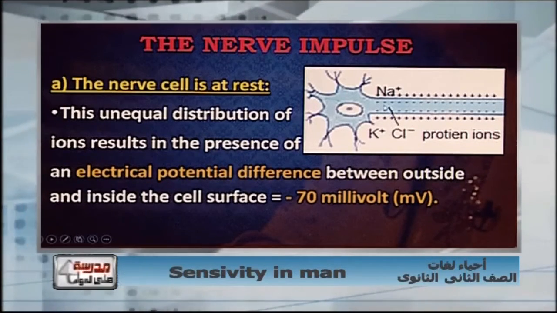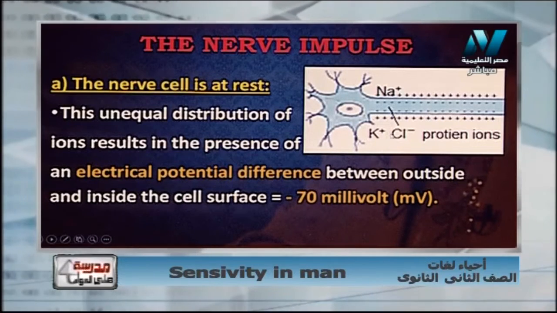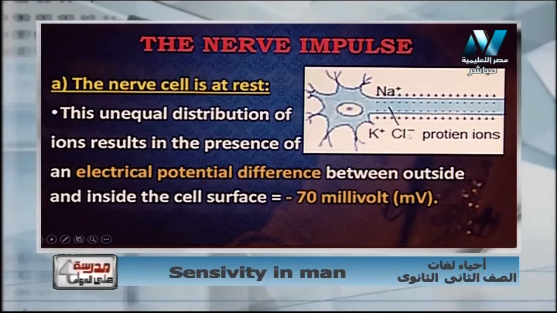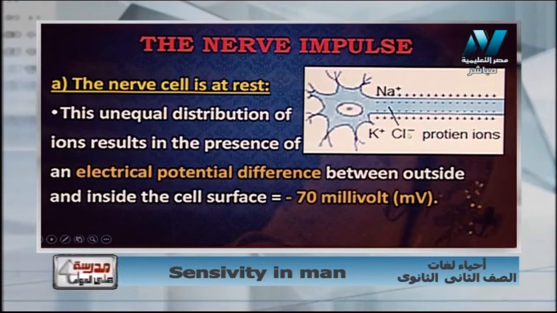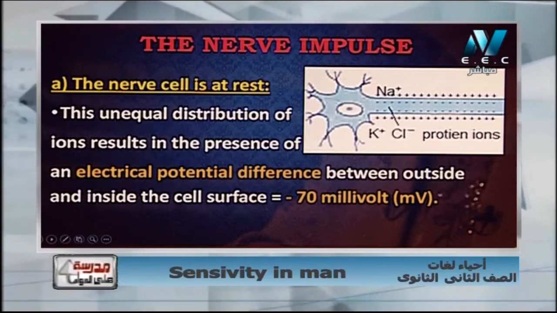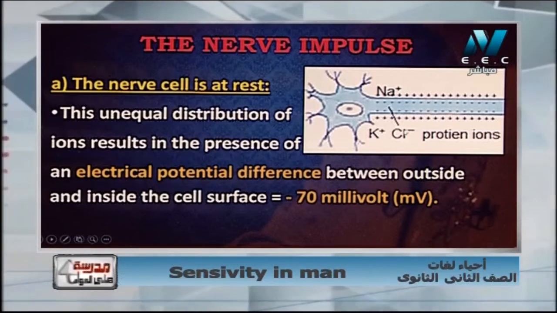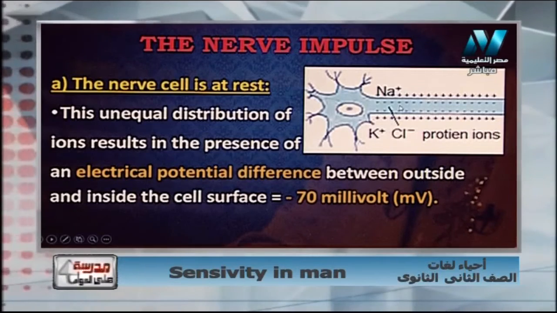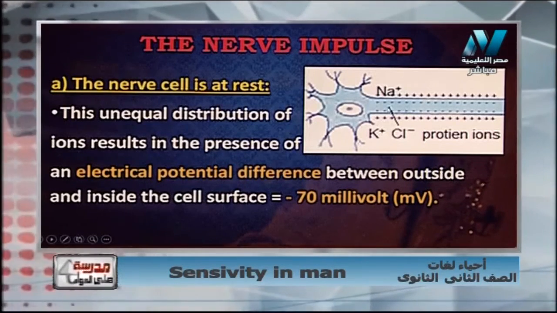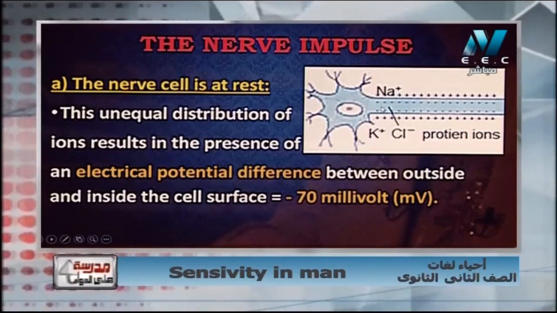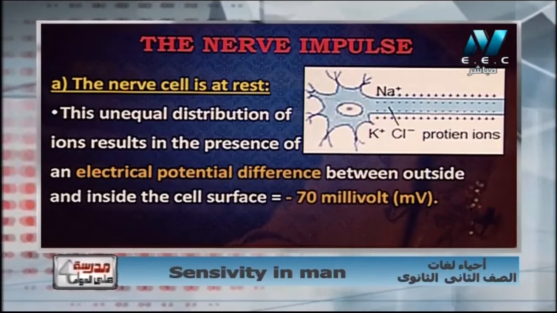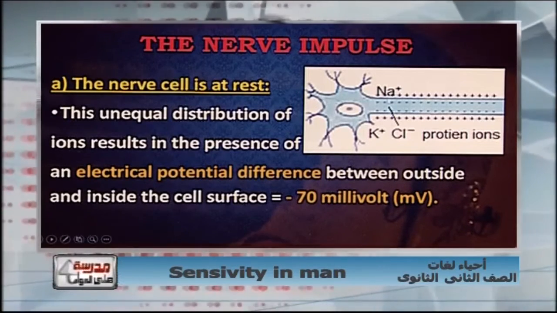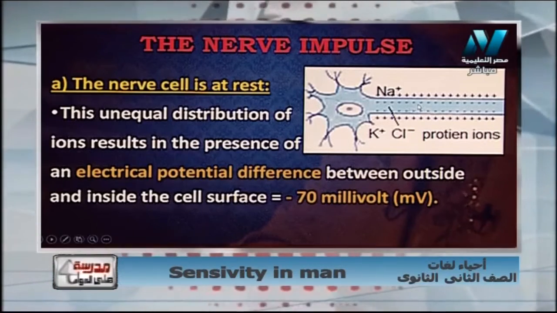Beside the potassium ions inside, there are chlorine ions and protein ions, and these are negative ions. But the negative ions inside are much greater in number than the potassium ions. So the net amount of charges inside is negative.